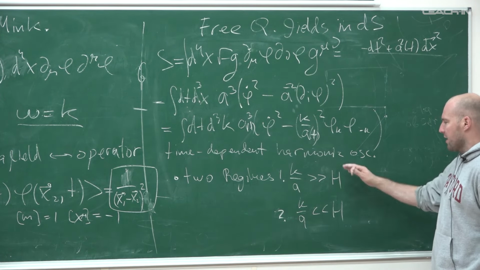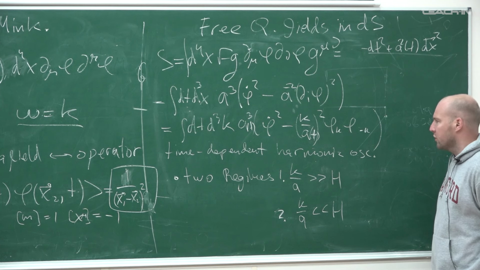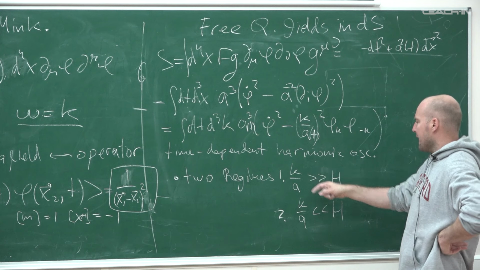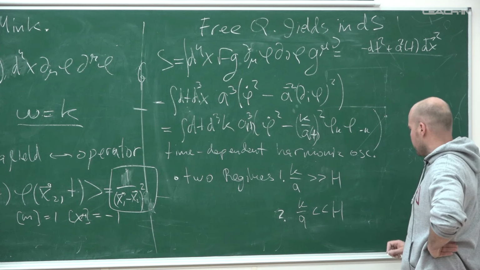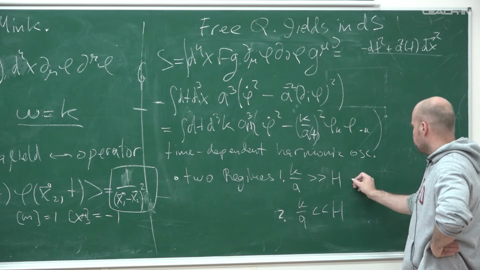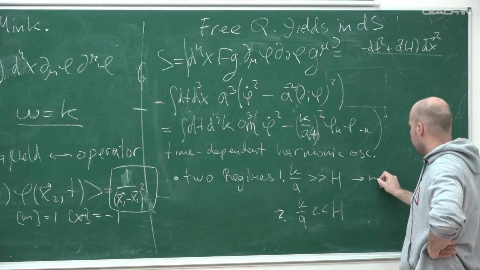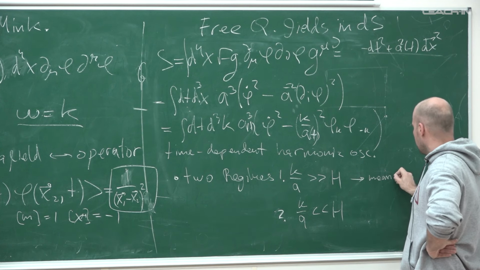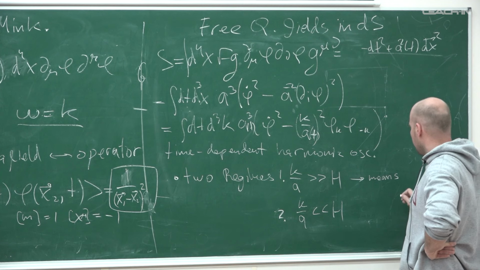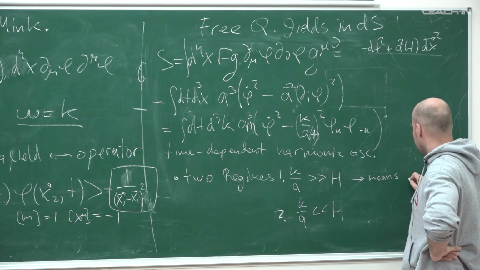But importantly, there are two regions. So now, if k over a is much bigger than H, then this means flat space physics.